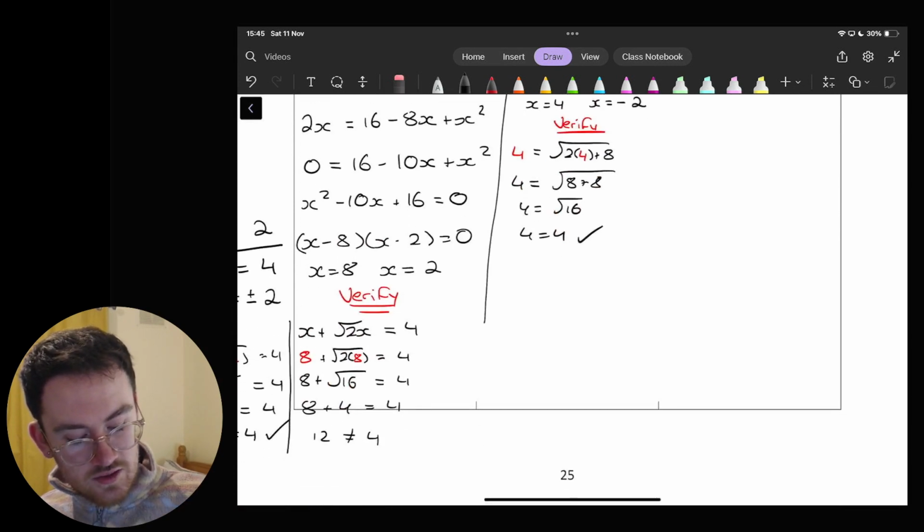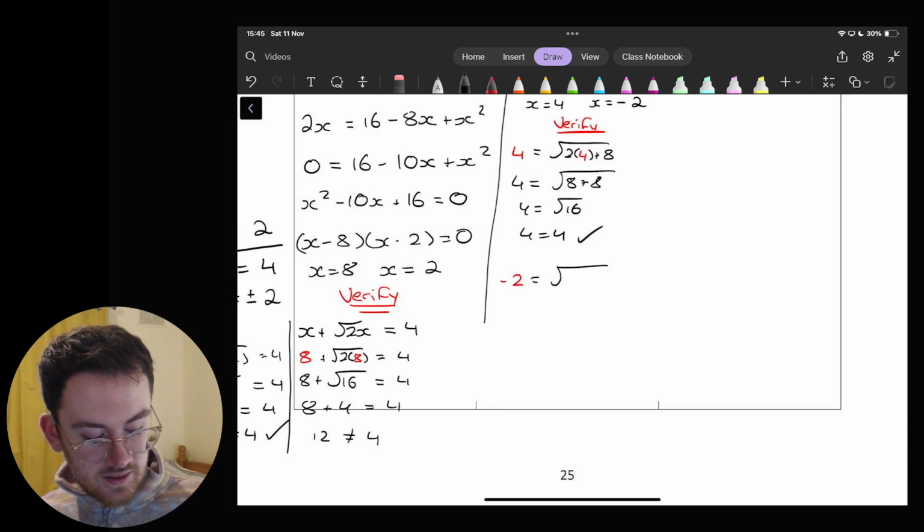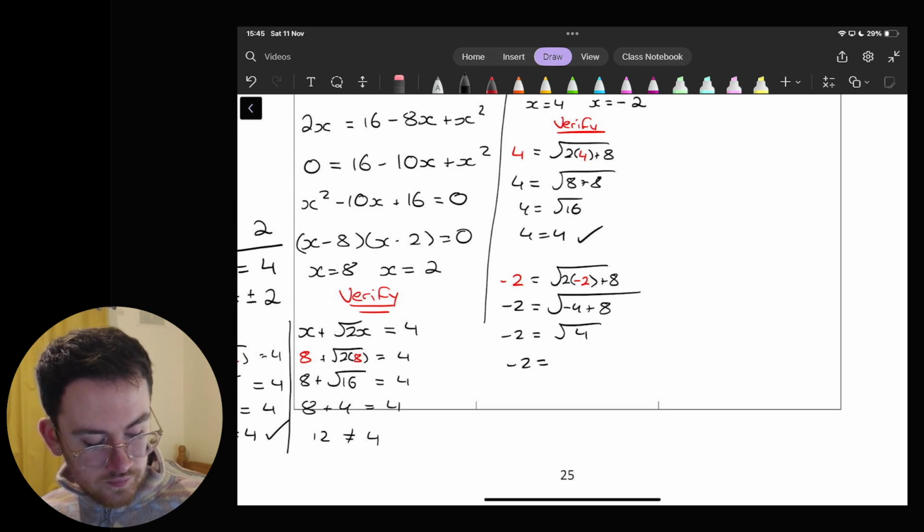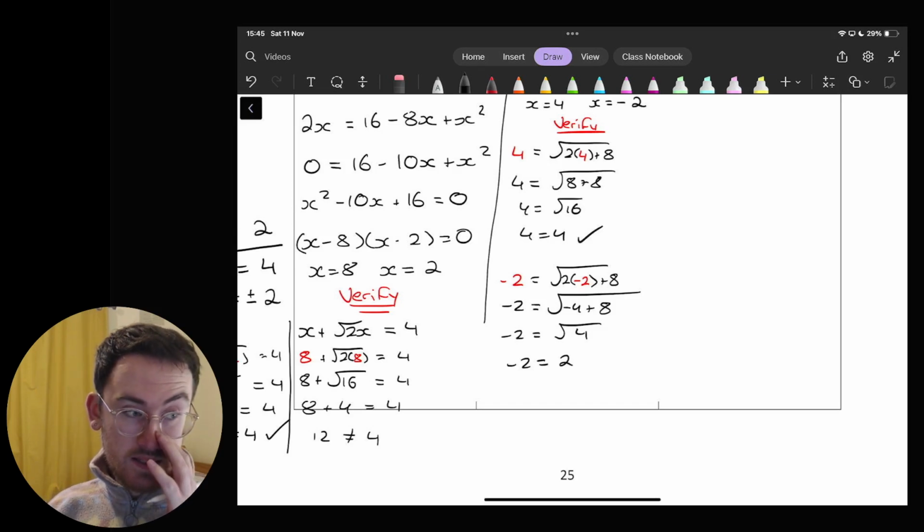Okay, let's do the same with my other example. Is minus 2, and I'm immediately thinking that this probably isn't going to work, equal to the square root of 2 times minus 2 plus 8? Is minus 2 equal to the square root of minus 4 plus 8? Is minus 2 equal to the square root of 4? And based on what we've just said, no, it's not.